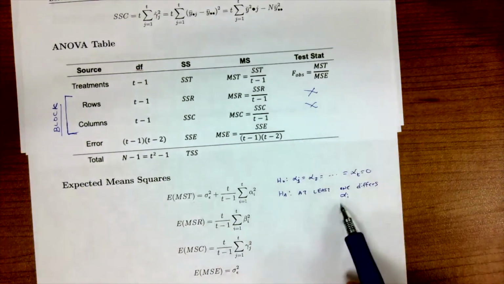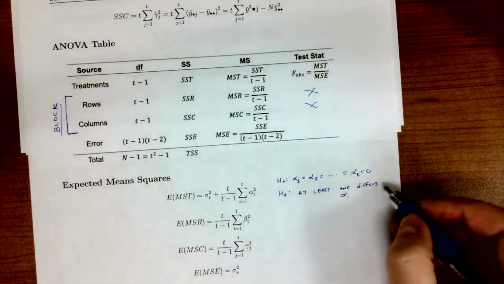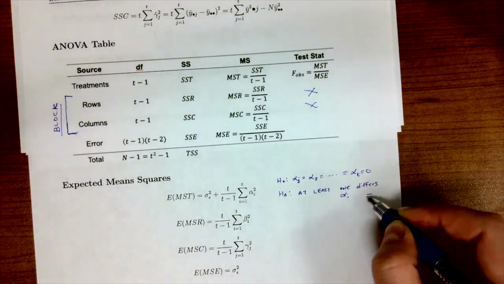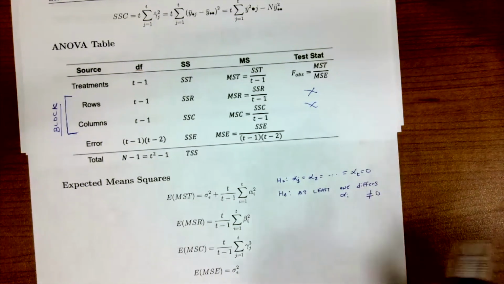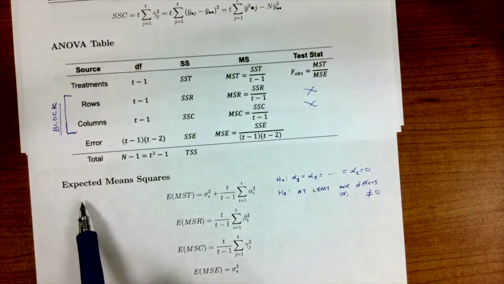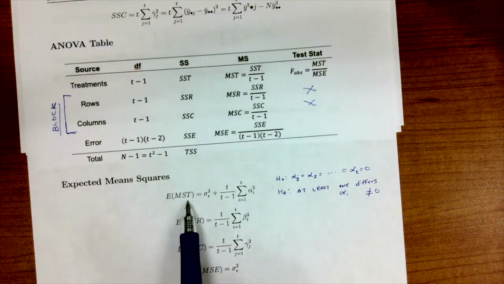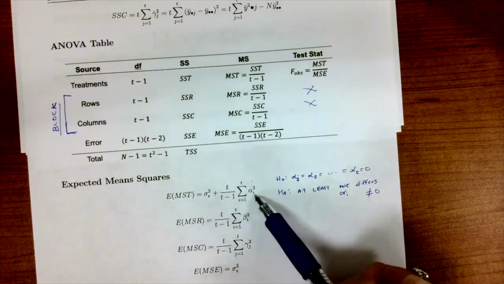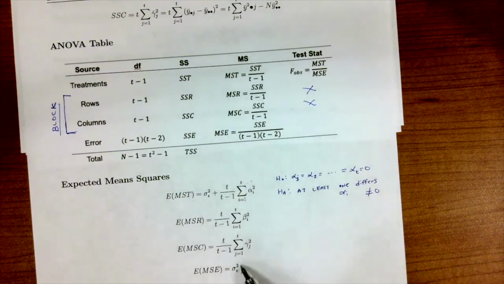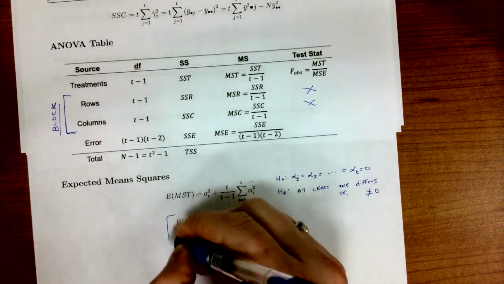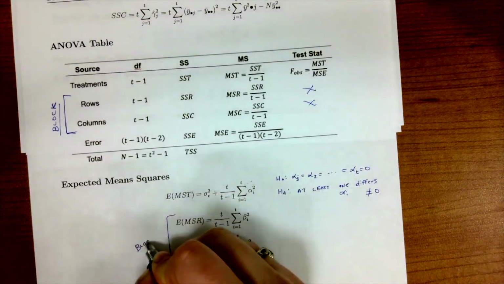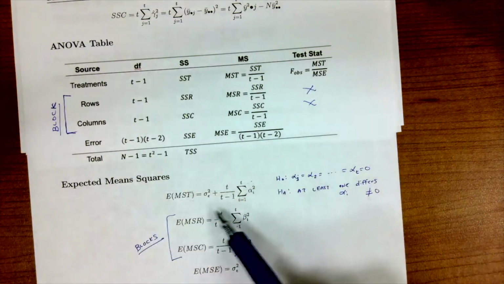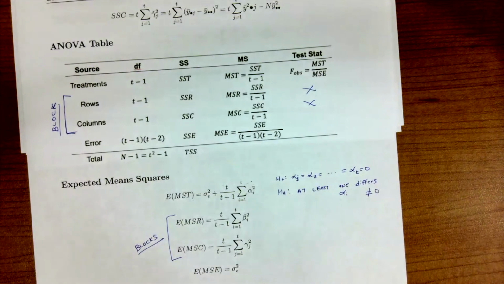One corresponding to alpha differs, doesn't equal 0. So we've seen this before. Our expected mean squared treatment under the null, this gets canceled out. So we have sigma squared over sigma squared, which is valid. In these two cases, which again are the blocks, we do not have the sigma squared, so it's not a valid test.